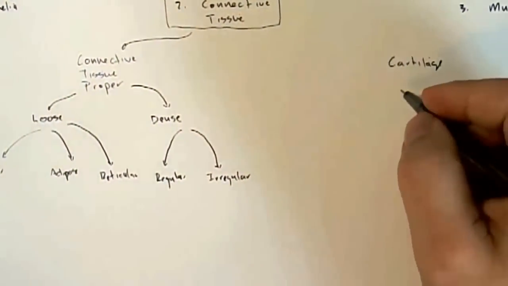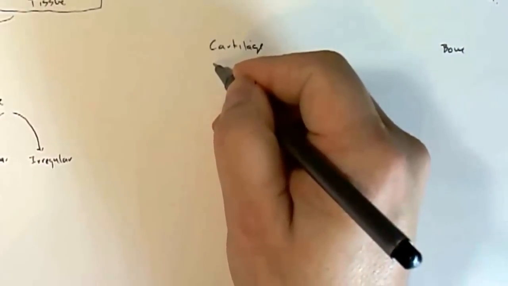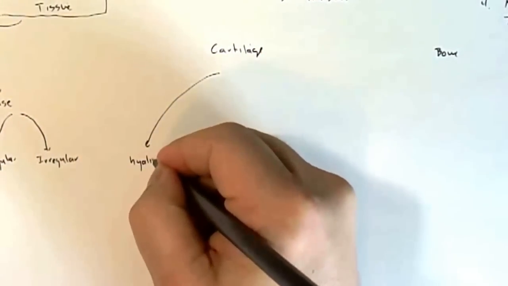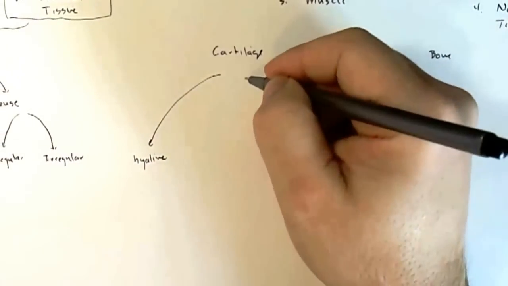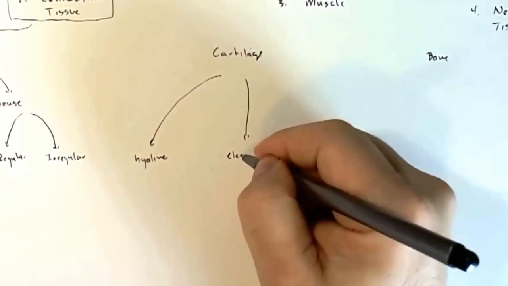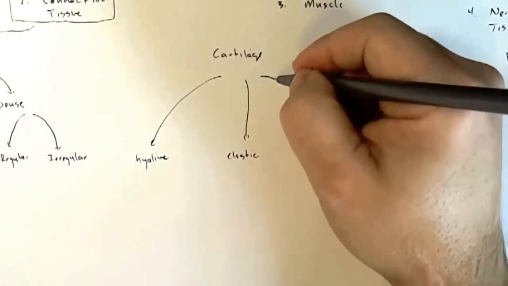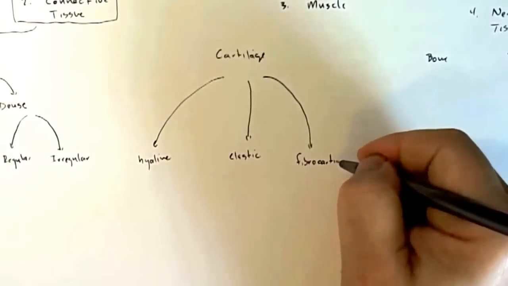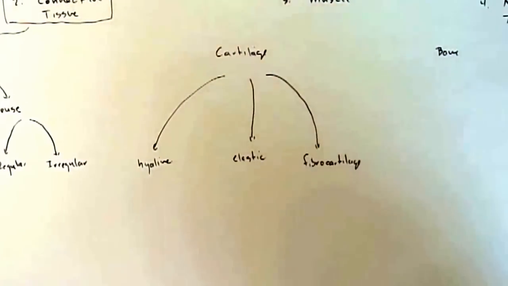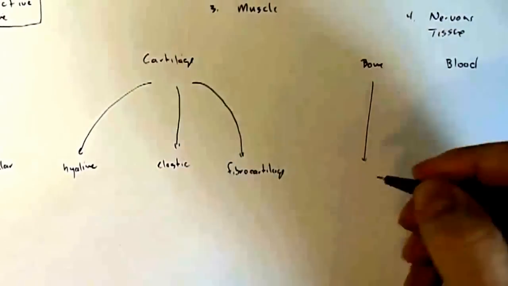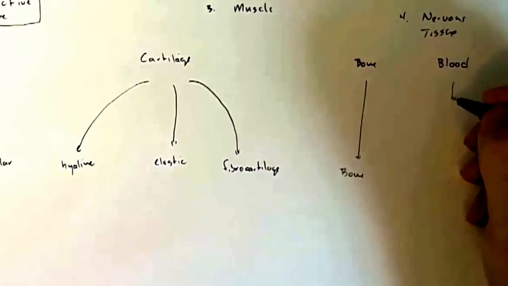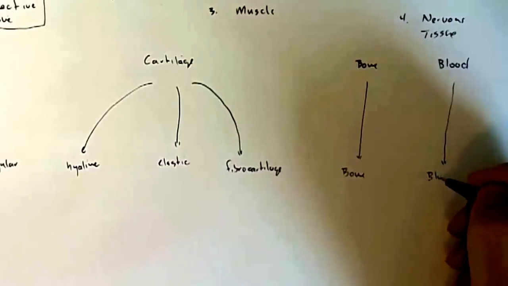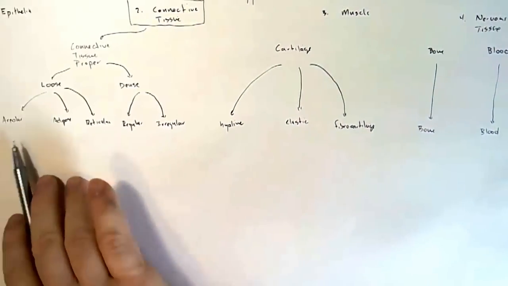The different types of cartilage are hyaline, elastic, and fibro. Bone is pretty much just bone, and blood is pretty easy to recognize because it's the only liquid tissue in the body. So these are the main types of connective tissue.